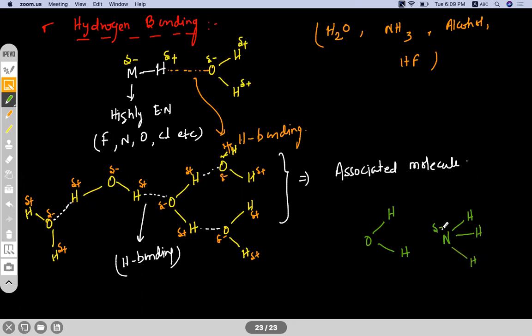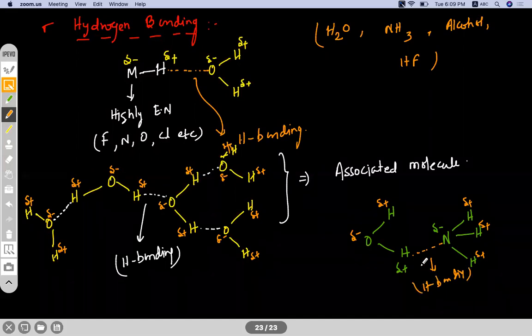So nitrogen is delta negative, and the hydrogens are delta positive. Right, so these two will attract each other. This is the hydrogen bond, electrostatic attraction. So it is possible between two different molecules also.